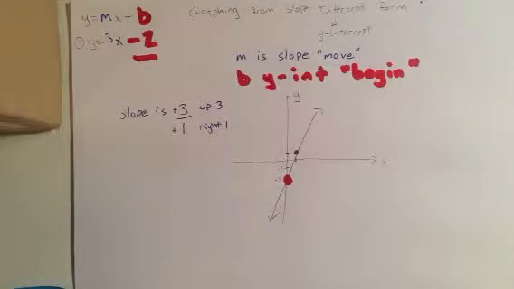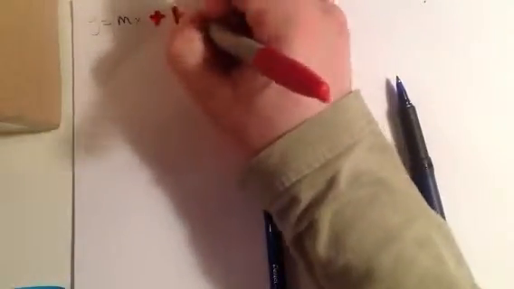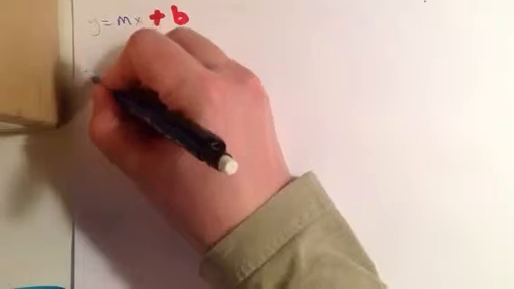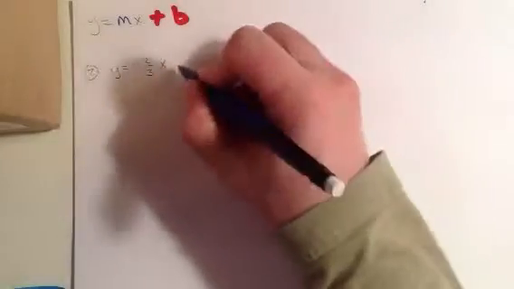Okay, I want to plot a couple of other lines to show you a couple of different variations. The second one I'm going to do is y equals negative 2/3 x plus 1. So again, we're still using y equals mx plus b, that's slope-intercept.